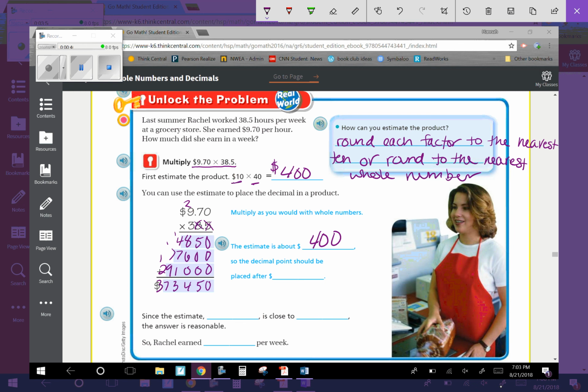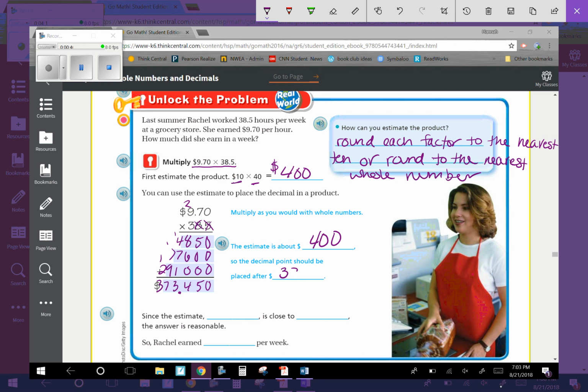So when we look at this number, we have 373,450. Where would that decimal place be placed in order to make that estimate make sense? Well, if we put it here after the 373, that would make it close to 400.